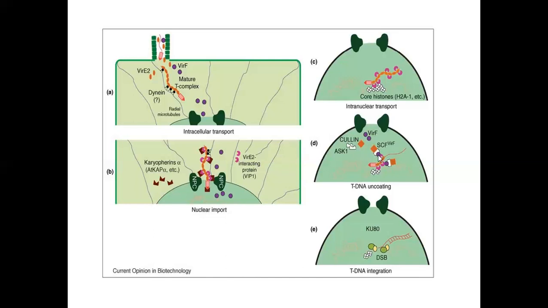The target DNAs are combined with core histone proteins to form chromosome-like structures.